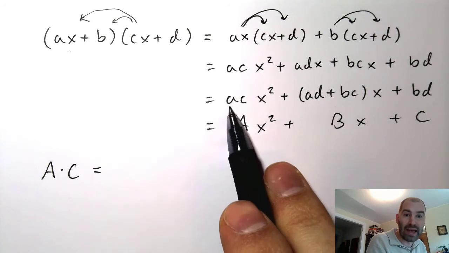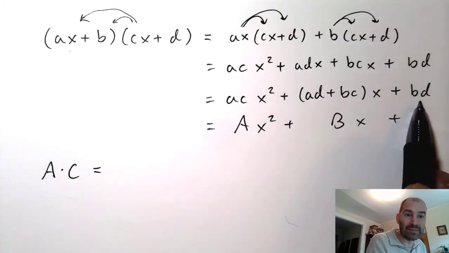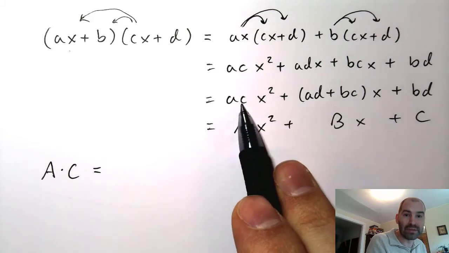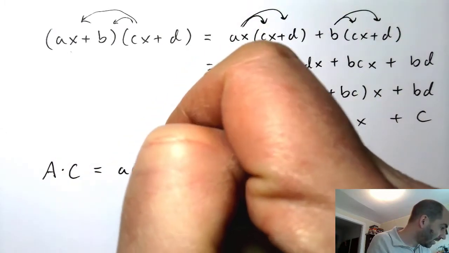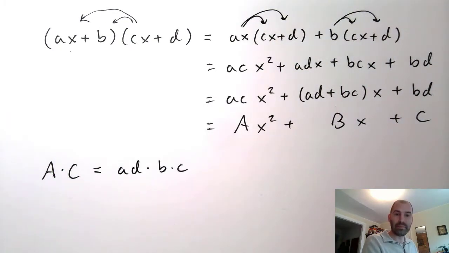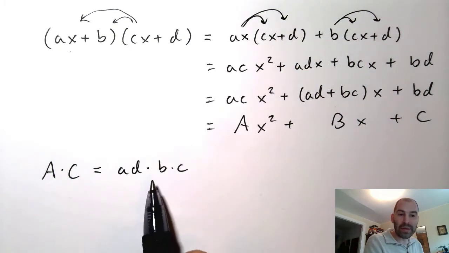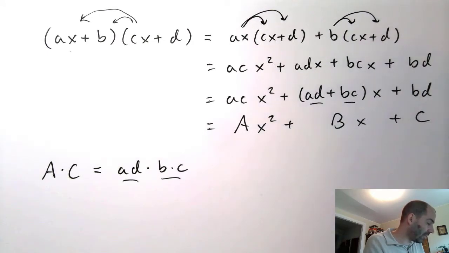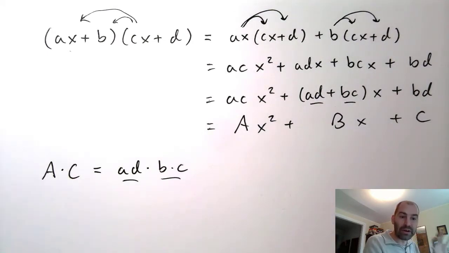So I could write that as a times d times b times c. I wrote it in that order because this term and this term are exactly the terms I'm seeing here and here. And this is the very important observation.